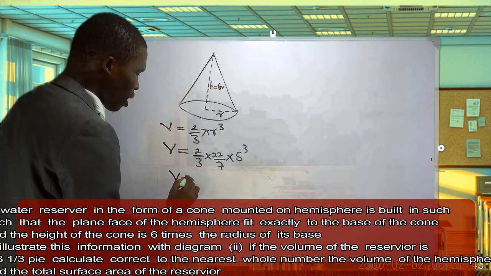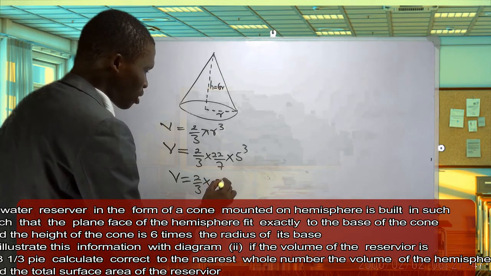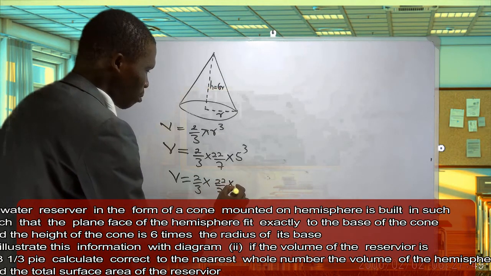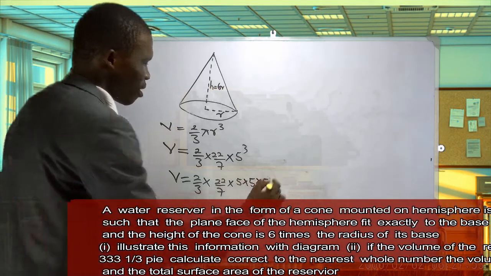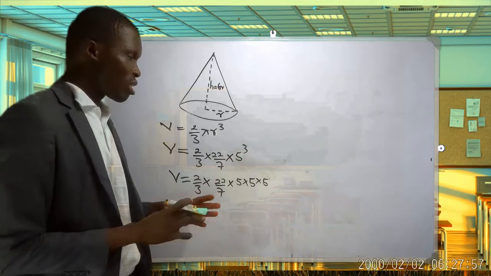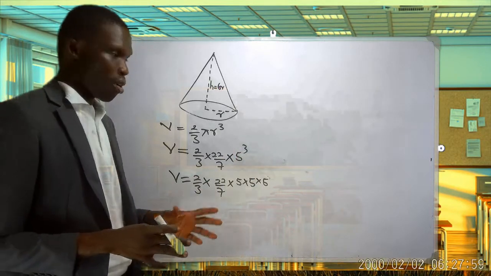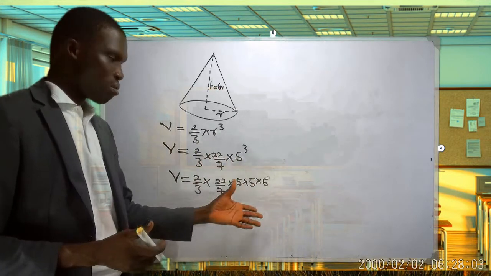So V will give us 2 all over 3 multiplied by 22 all over 7 multiplied by 5 times 5 times 5. Now you need to understand that 5 raised to power 3 is not 5 times 3, because if you do that you are going to get it wrong. It's 5 in 3 places.